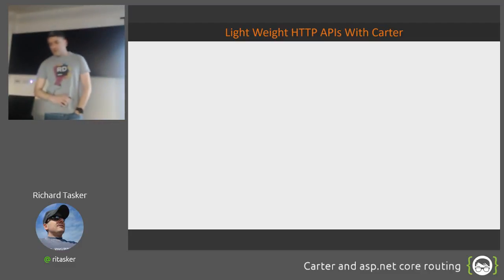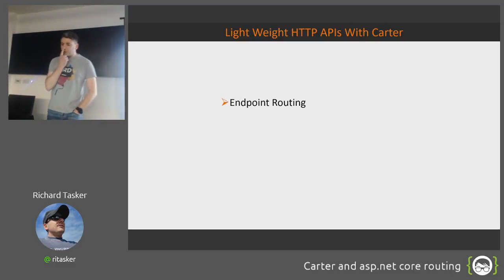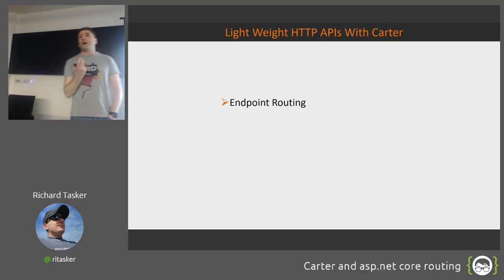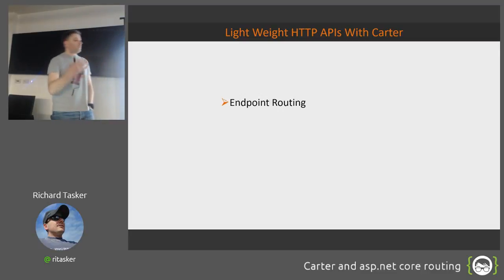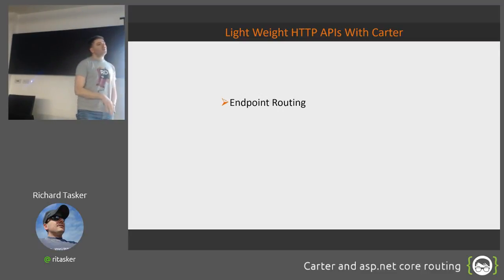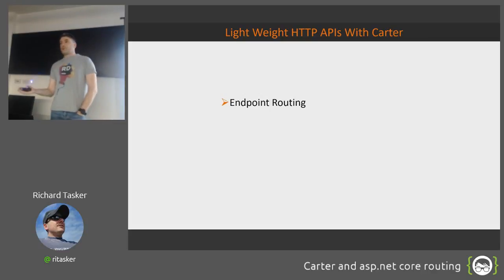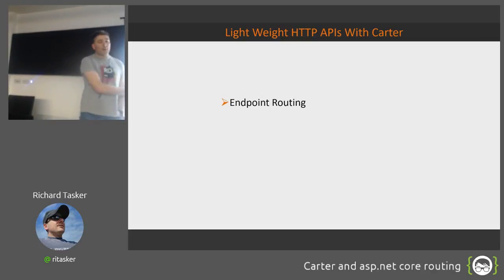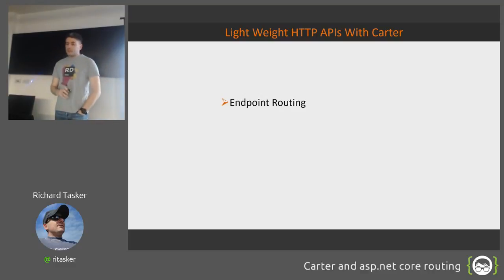So, without further ado, endpoint routing. This is the new way of routing as of ASP.NET Core 2.2. This is built into MVC now, so if you've spun up a new ASP.NET Core 2.2 MVC project, this is what's happening. We'll go into a bit of detail about that in a bit.